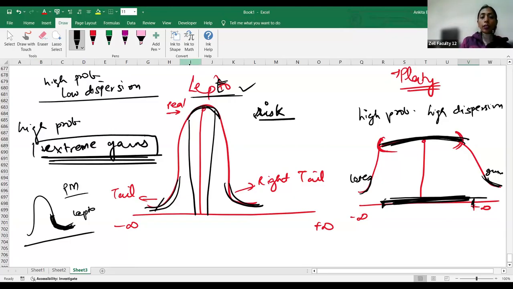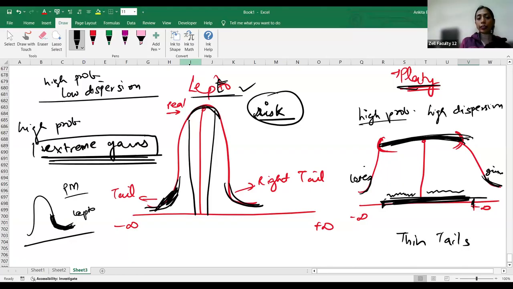But of course, you can make losses also. So therefore, there is a risk. But in platykurtic, the market would not be very volatile. It would be here only in this range. So high probability that it would be in a particular range and you would not be making extreme gains or extreme losses. So platykurtic is described as having thin tails and leptokurtic is having fat tails. So here we have fat tails and here we have thin tails.